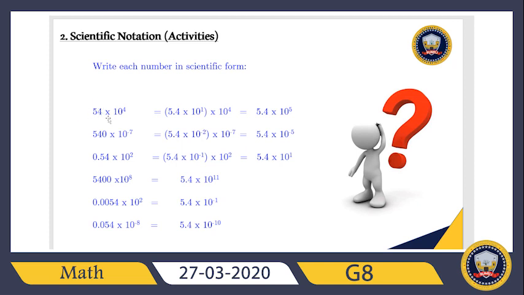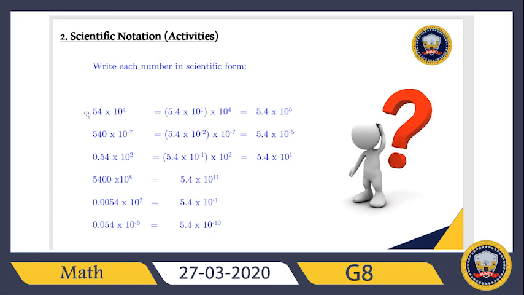So 54 is 5.4 times 10 to the power of 1. You understand how I brought this power from? Once you move your decimal point 1 place to the left, you add 1 to the power of 10. Okay, so 54 is equal to 5.4 times 10 to the power of 1.